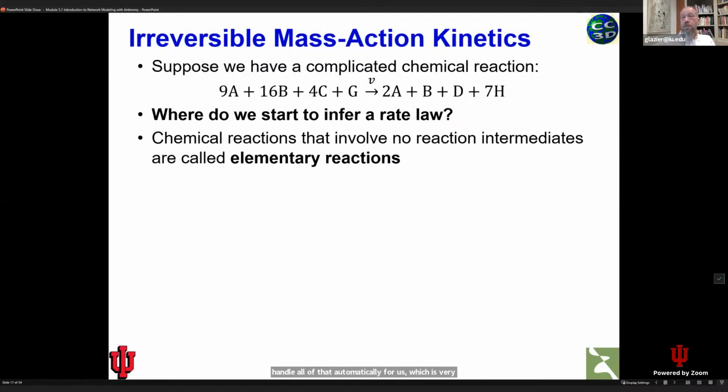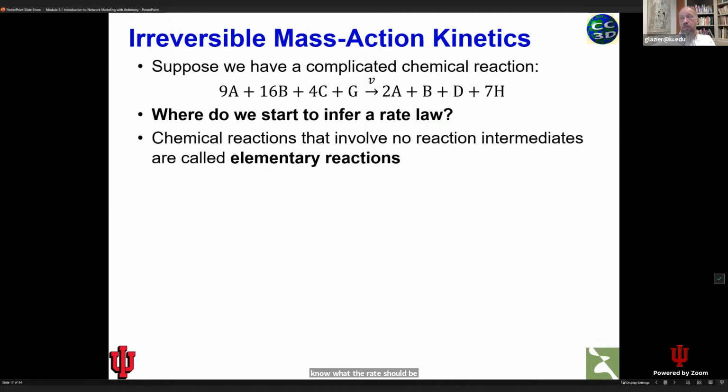You could have, in principle, a very complex chemical reaction. No, 9 molecules is just pulled out of the air. 9 molecules of A plus 16 of B plus 4 of C plus G go to something else. And if we don't know anything else, we'd say, how do I know what the rate should be?